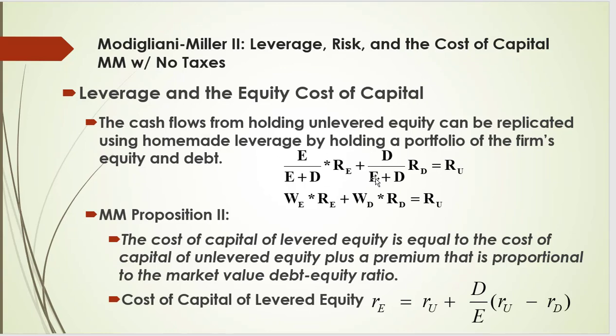Here's our formula for the cost of capital of an unlevered firm. I've rewritten the first ratio below so it's easier to follow. The weight in equity multiplied by the required return on levered equity, plus the weight of debt times the cost of debt, equals the unlevered cost of capital to the firm.